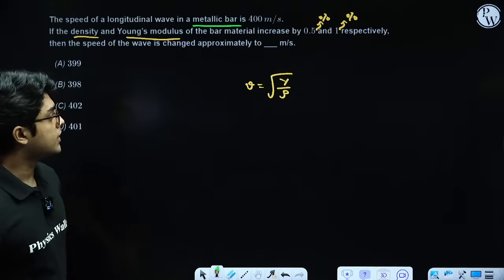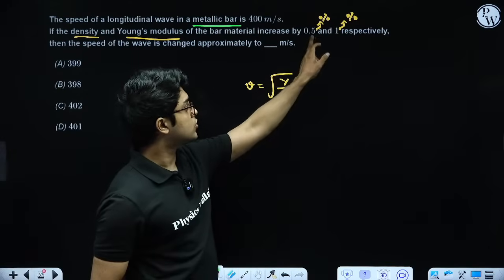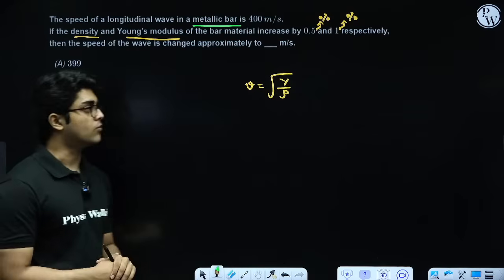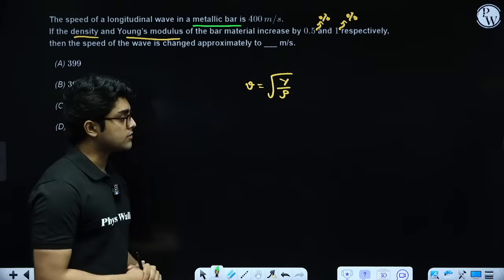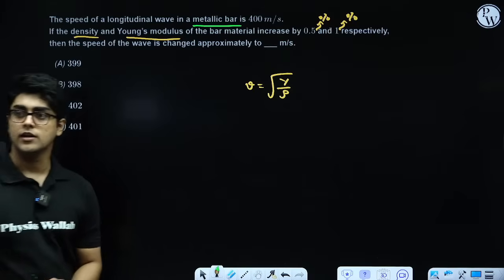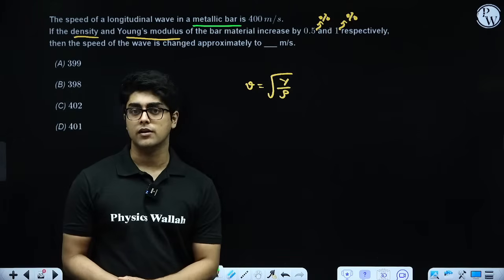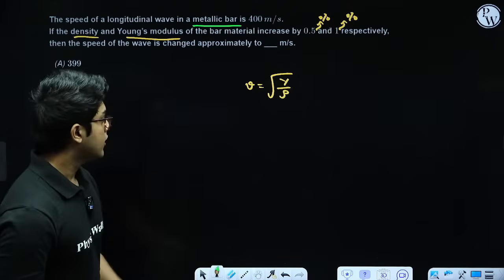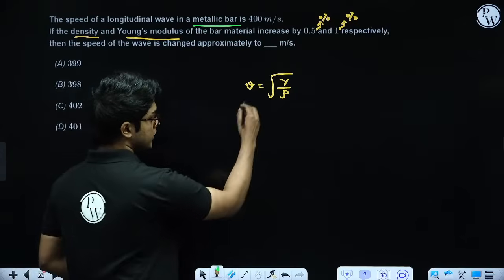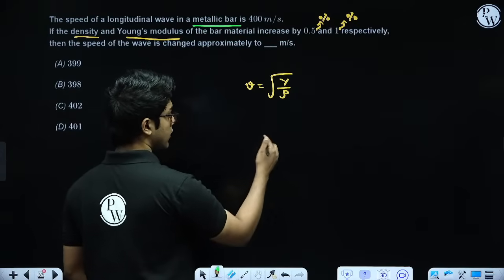All right. Because the percentage change is so small, just 0.5% and 1%, we can use that derivative formula, right? The same formula which we use to derive the error approximation formula. So we will differentiate and take the log.